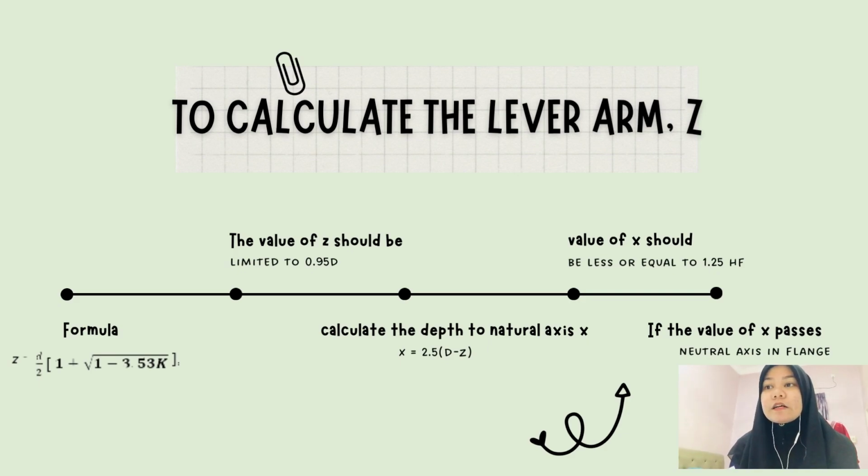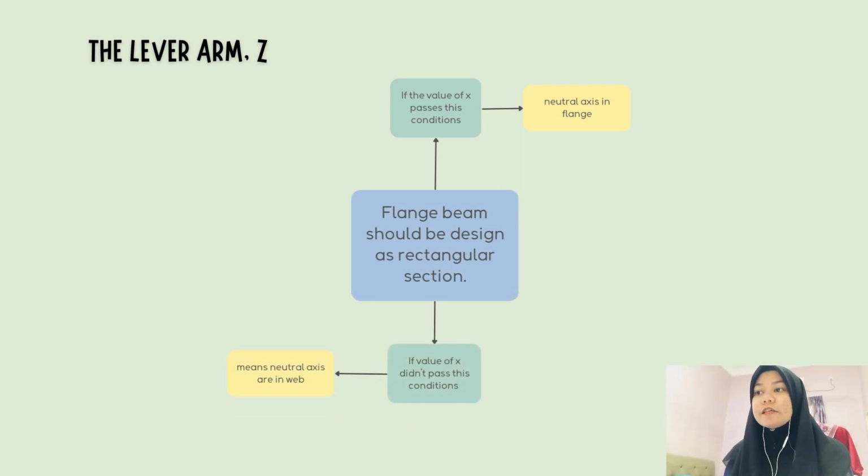Next, calculate the depth to neutral axis x by using x equal to 2.5 (d minus z). The value of x should be less than or equal to 1.25 hf. The flange beam should be designed as a rectangular section.